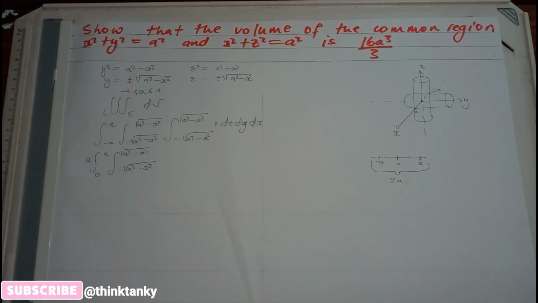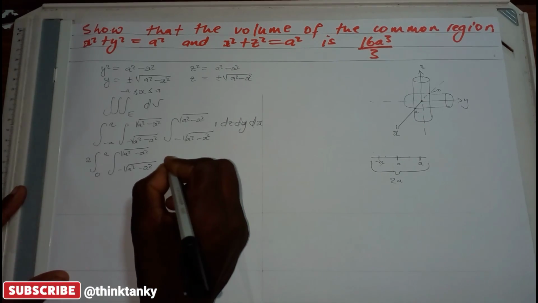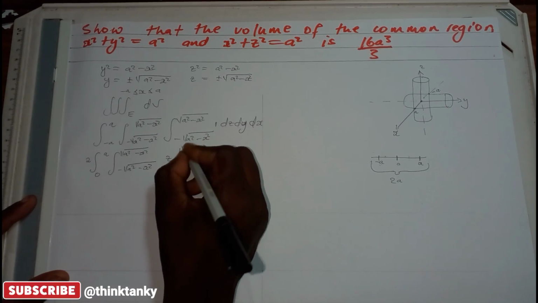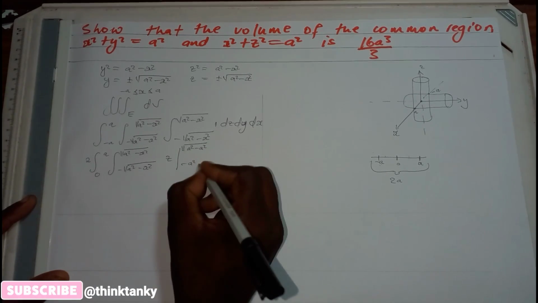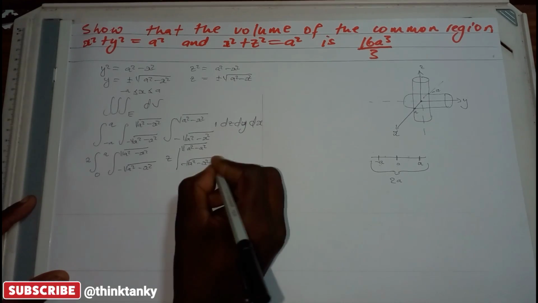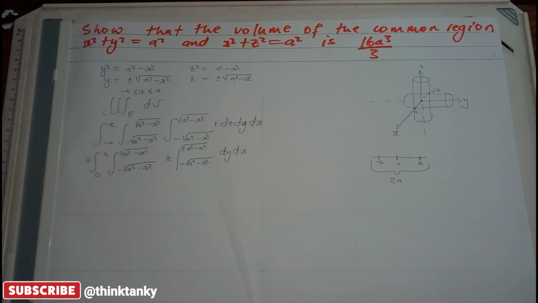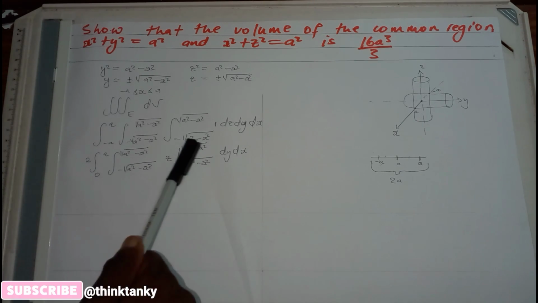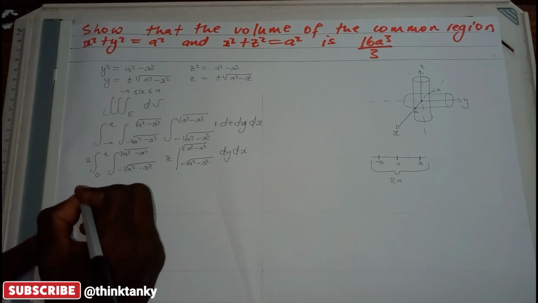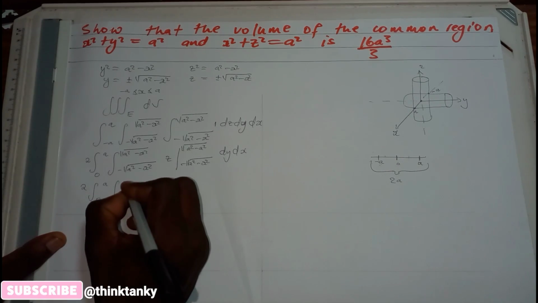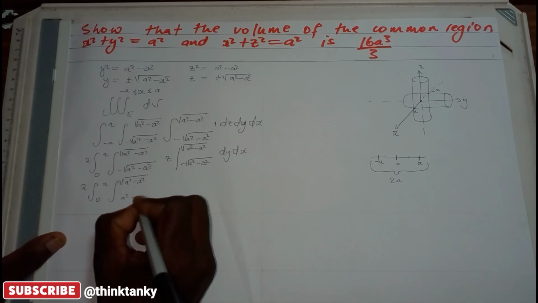So I'll just add the variable, so I have z, and put my limits: square root of a squared minus x squared, negative square root of a squared minus x squared, dy dx. Then I want to simplify here, upper bound minus the lower bound. So this is the same as saying 2 times the integral from 0 to a of the square root of a squared minus x squared, minus the negative square root of a squared minus x squared.